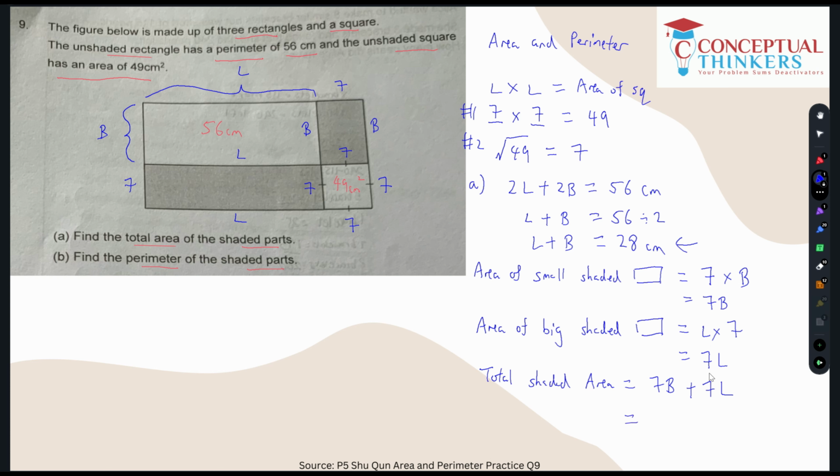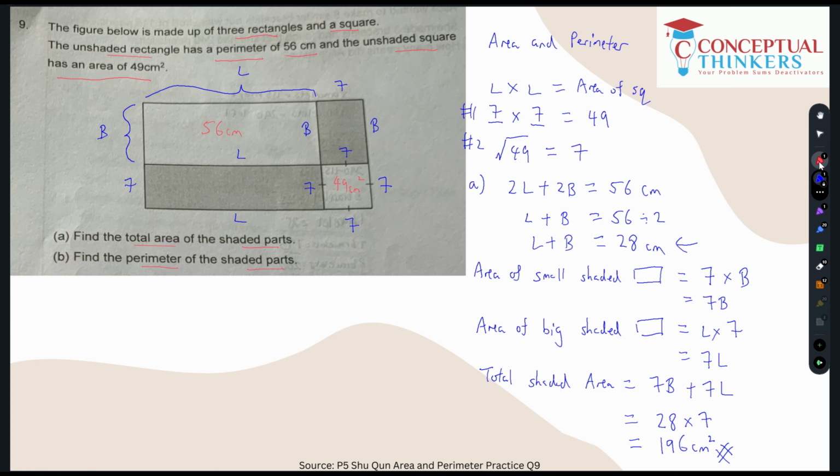So this means that I need to have 7 of L plus B. That will be the total shaded area. So I'm going to take 28 because L plus B will give me 28, but I need 7 of them, so I need to multiply by 7. So this will give me 196 cm squared, and this will be the answer for part A.